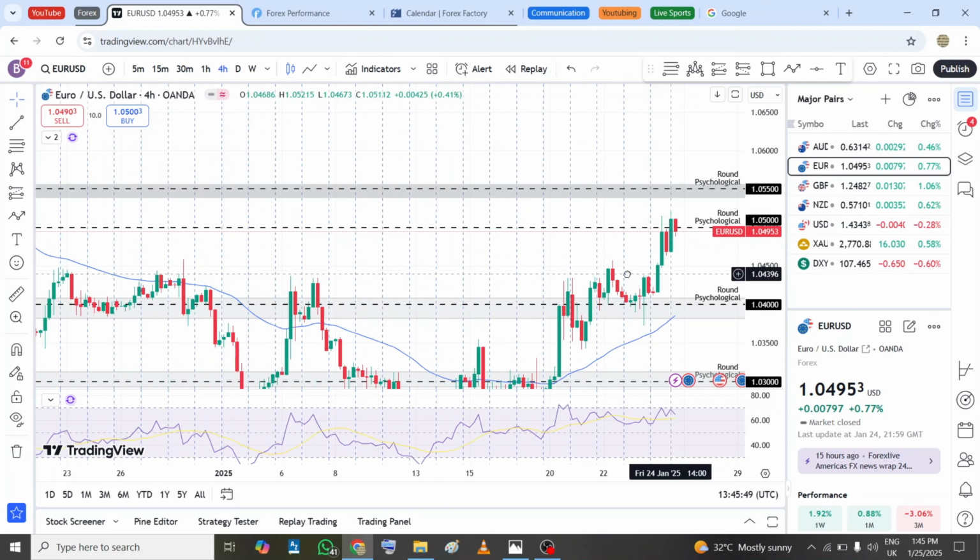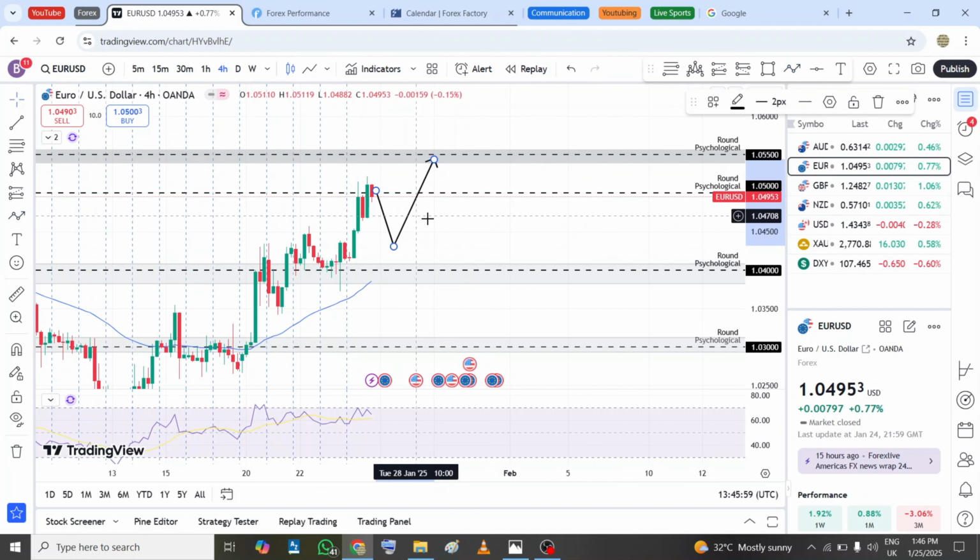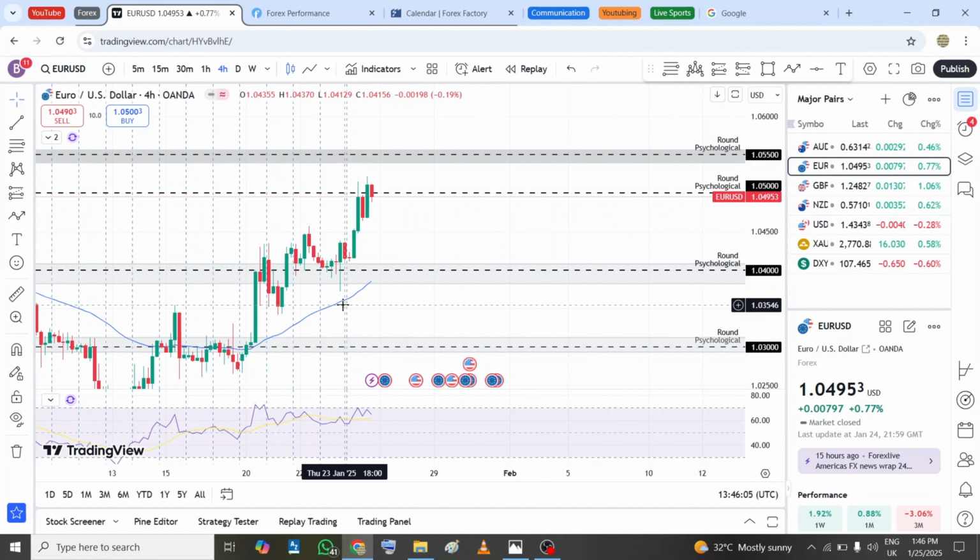So just like the AUDUSD, I'm going to be looking for a retracement, a place where I can buy into this point. Now, if price decides to go all the way up without coming down to any of my area of interest or without even tapping the EMA, I'm good because I didn't see my entry signal. I didn't see my strategy in it.